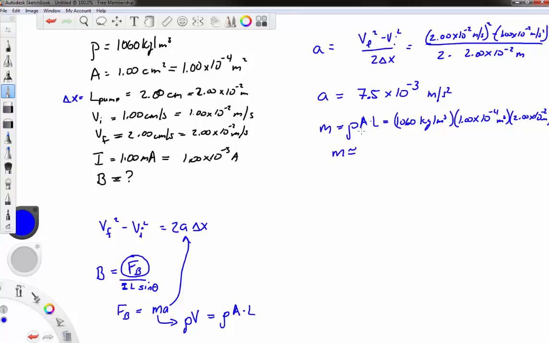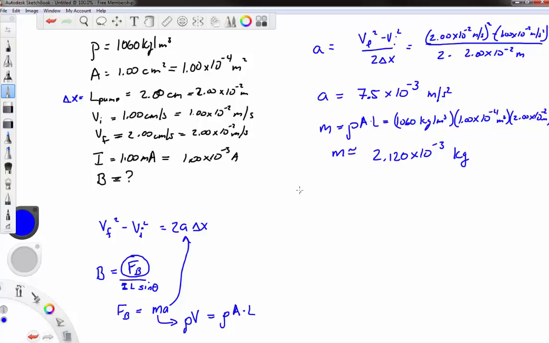So the total mass is going to be 2.120 times 10 to the minus 3 kilograms, or in other words, 2.12 grams of blood.